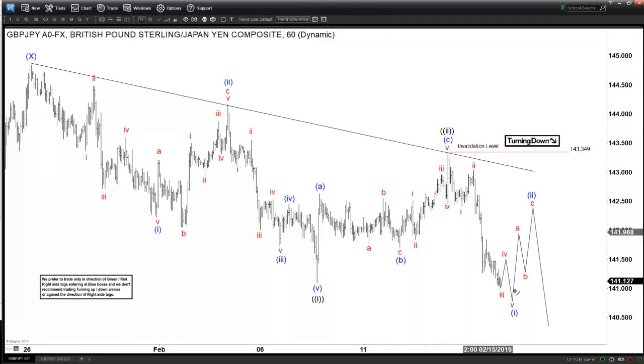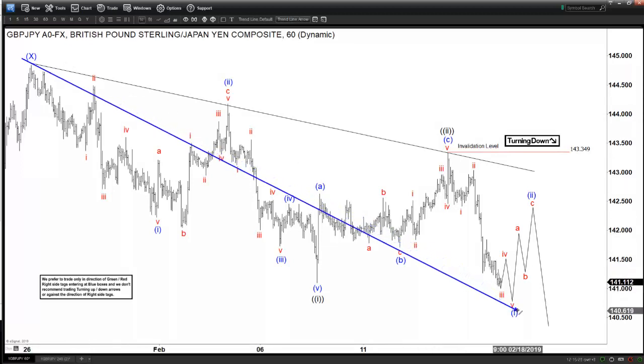If we look at the alternate now, the alternate suggests that we could be ending a 1, 2, 3, 4, 5 as some sort of diagonal from here, which is less likely in my opinion, and I will explain why.